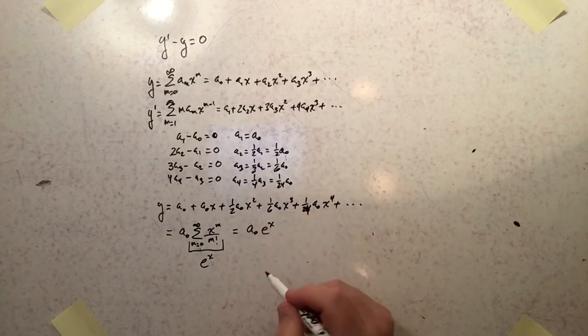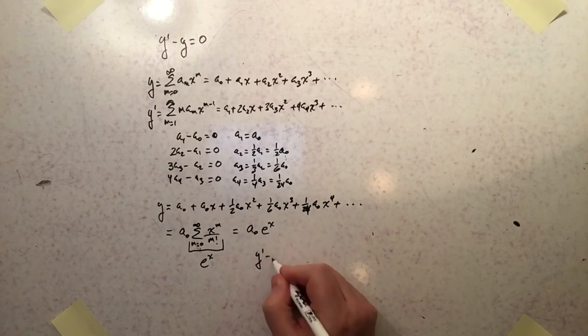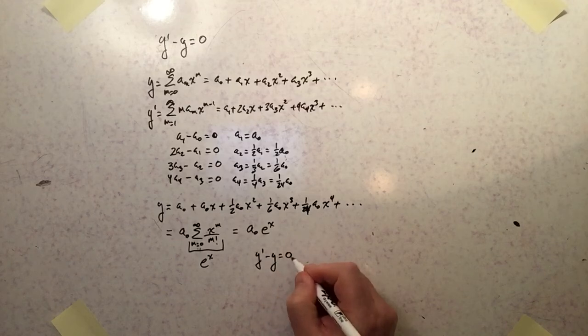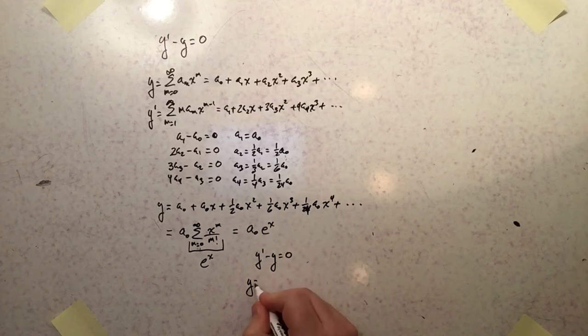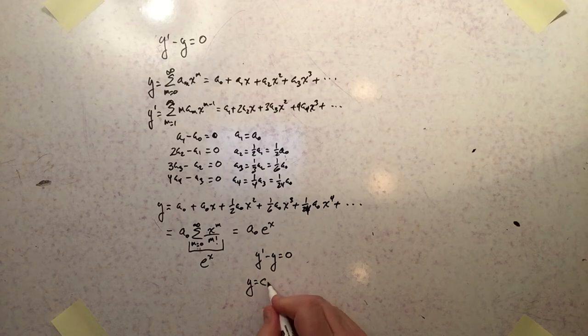Let's see how that compares to the original equation we started with. Y prime minus y equals 0. If we chose to substitute in, using the technique we learned way back in chapter 1, c e to the lambda x, what we're going to find out is that the characteristic equation that comes out of this is lambda minus 1 equals 0.